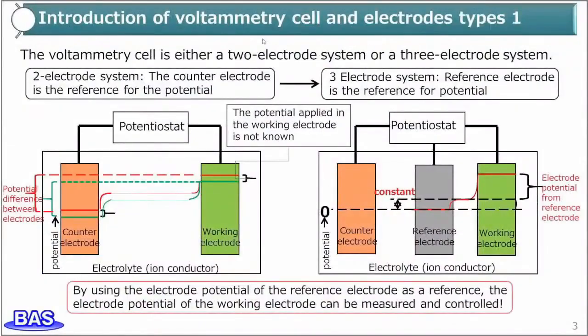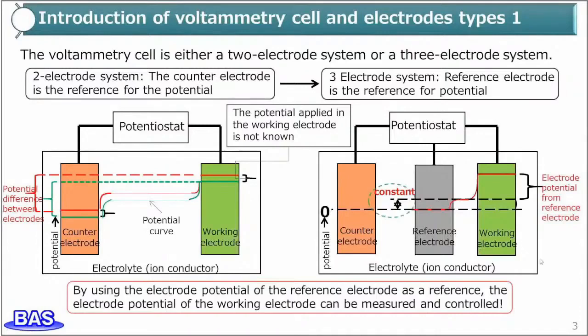Voltammetry cells can be broadly divided into two-electrode systems and three-electrode systems. In a two-electrode system, the counter electrode is the reference for the potential, but it has the disadvantage of not knowing the real variation of the potential applied to the working electrode.